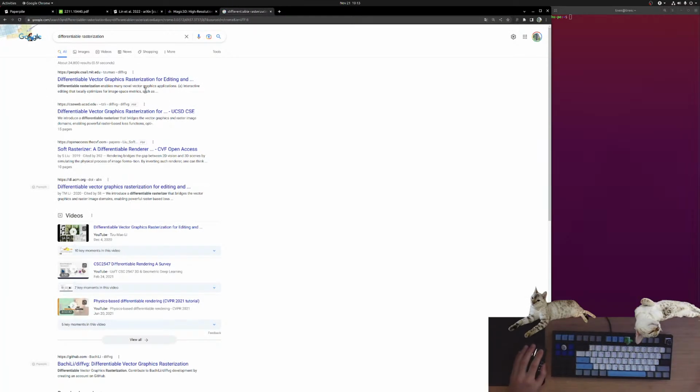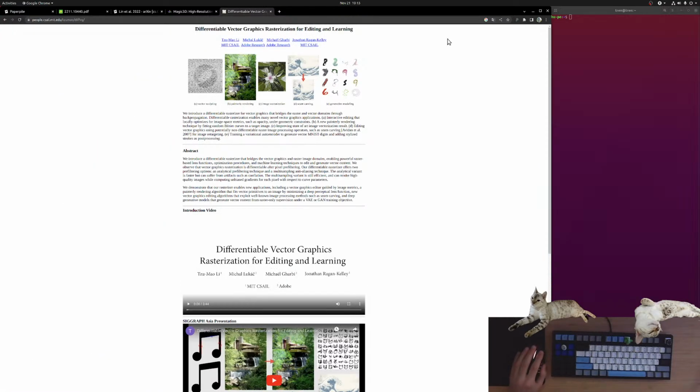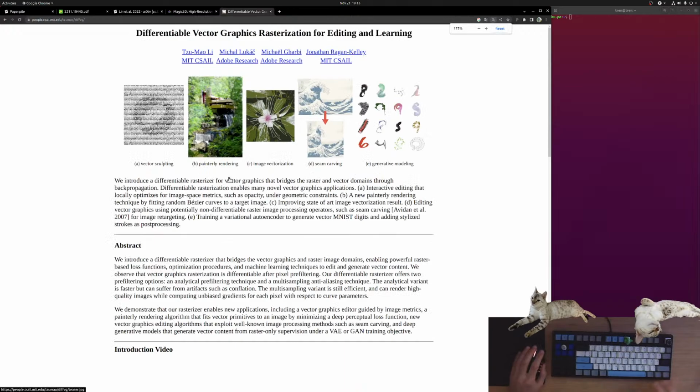I need to see the picture on this again to try to understand this. Differentiable rasterizer that bridges the raster and vector domains through backprop.